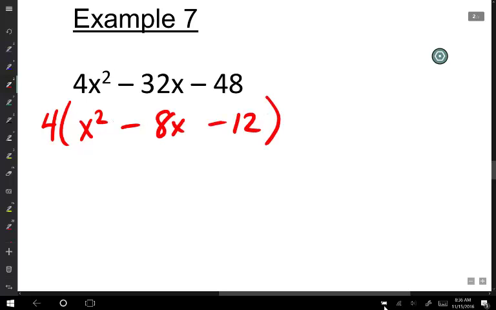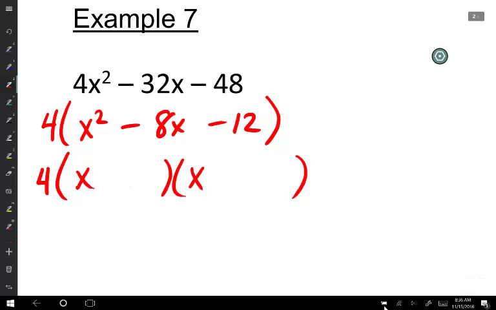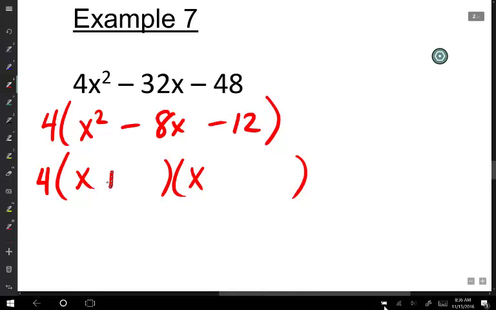So she took out a GCF. All right, drag down the 4. X, X, signs, minus, minus, plus, minus, plus, plus. Plus, minus. Factors of 12: 1 and 12, 2 and 6, 3 and 4.